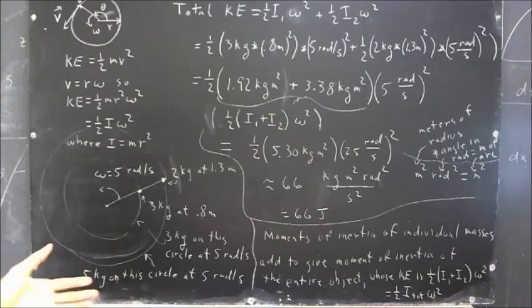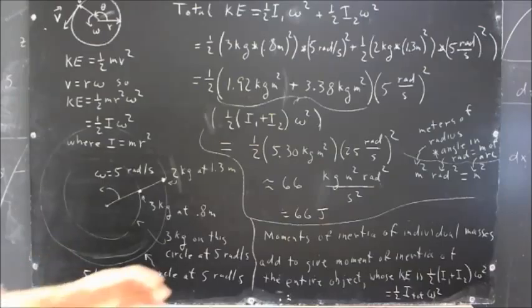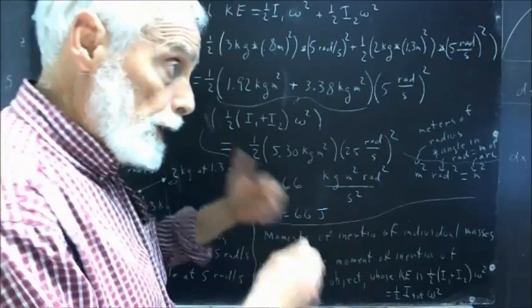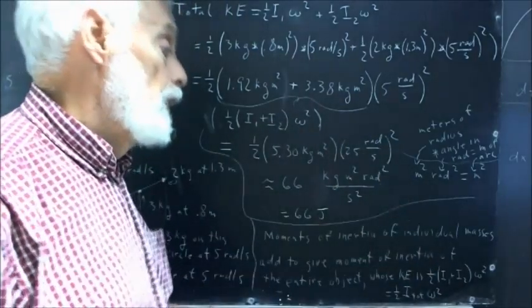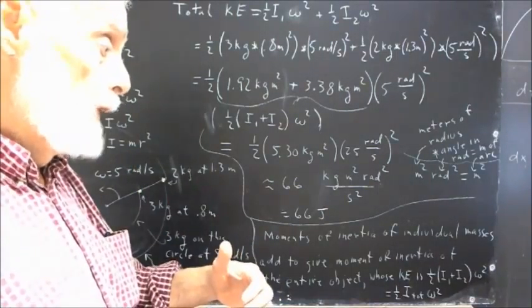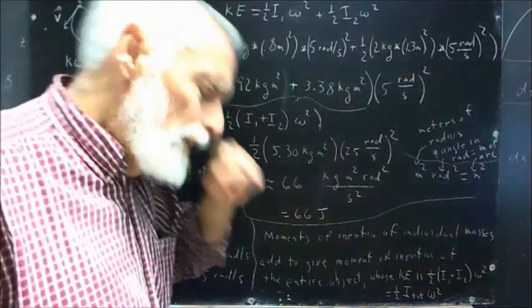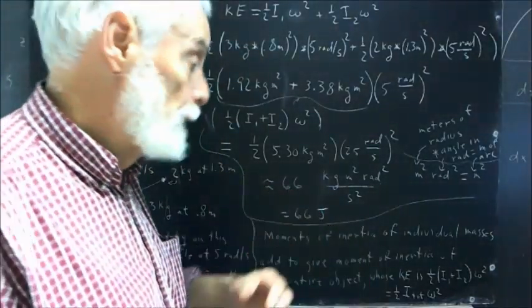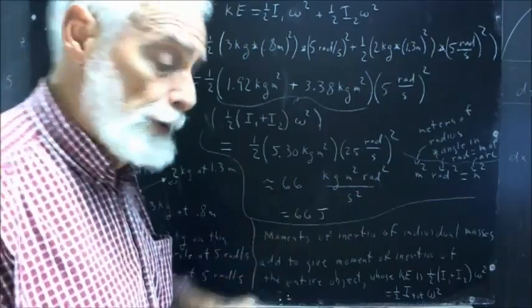So we can speak of an extended object, as long as it's a rigid object that's rotating about some axis, as having a single moment of inertia, which is the sum of the moments of inertia of the individual masses that comprise it.